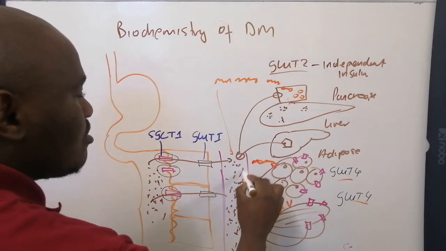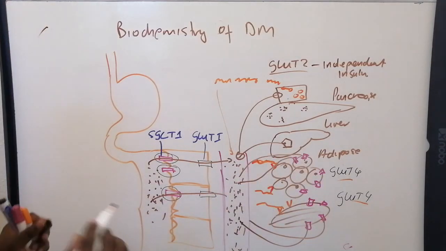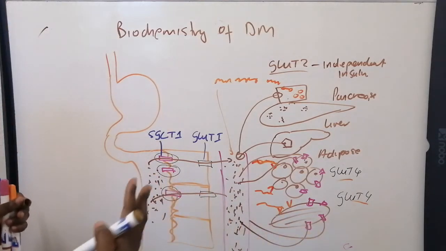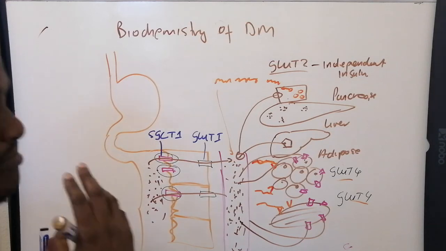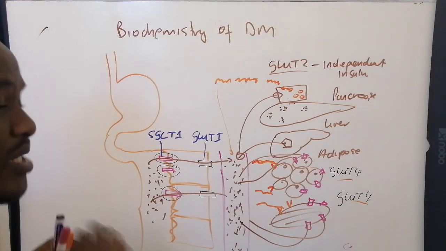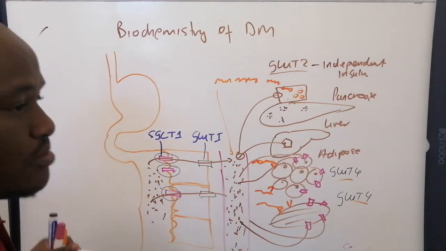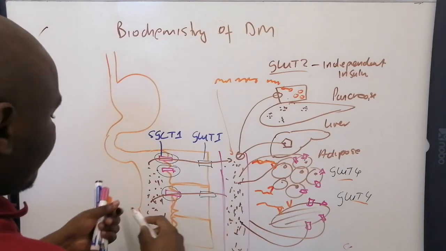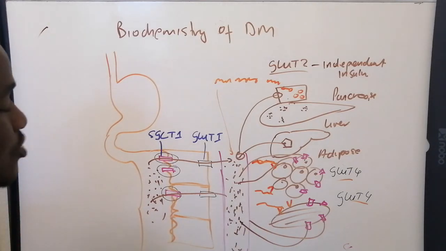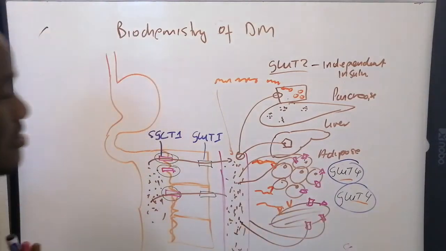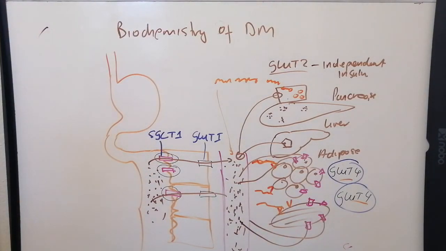This is how adipose cells uptake glucose. This is how muscle tissues uptake glucose. They are dependent. So the GLUT4 transporters are insulin dependent. Without insulin, no GLUT4 is expressed and no GLUT4 is activated. So the GLUT4s are very potent when it comes to moving glucose into the cells. The GLUT4s, glucose transporter form.